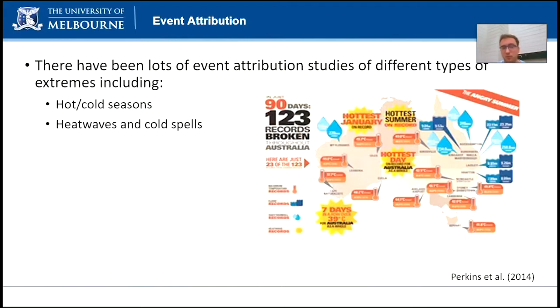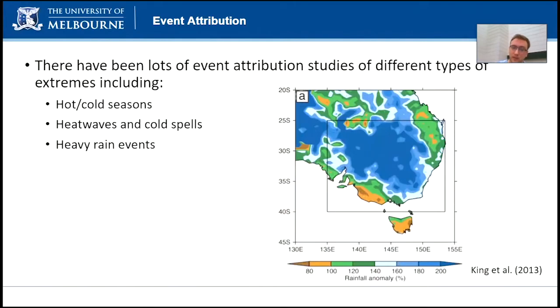Also, in terms of short timescale extremes, there have been a lot of studies looking at heat waves and cold spells, including a study led by Sarah Perkins-Kirkpatrick in 2014, looking at heat waves during the angry summer and the anthropogenic contribution to those. There have been studies looking at heavy rain events. Heavy rain events are a bit harder to look at because, I mean, eventually attribution is like a signal to noise problem.